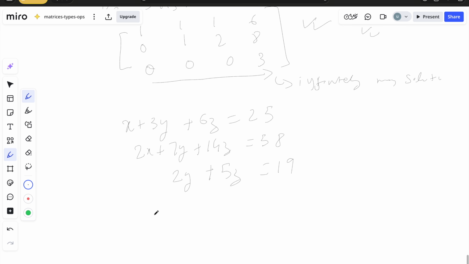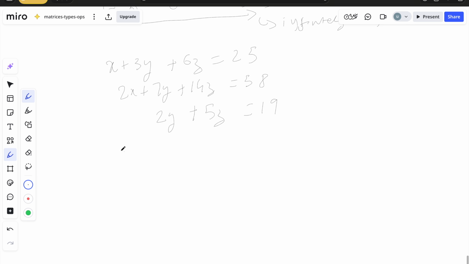Right, now the augmented matrix form can be written as 1 3 6 25, 2 7 14 58, 0 2 5 19.